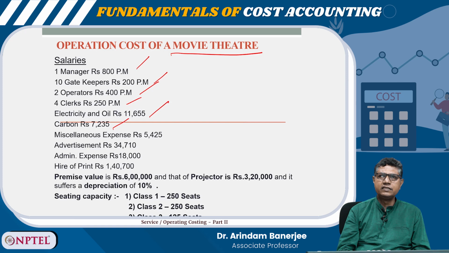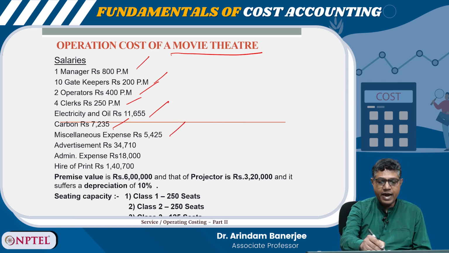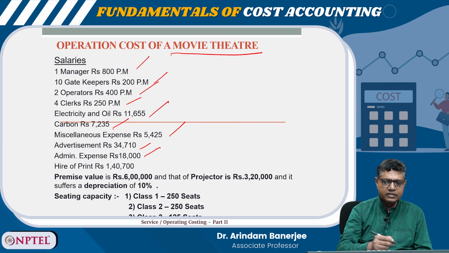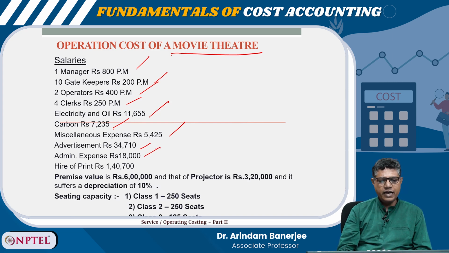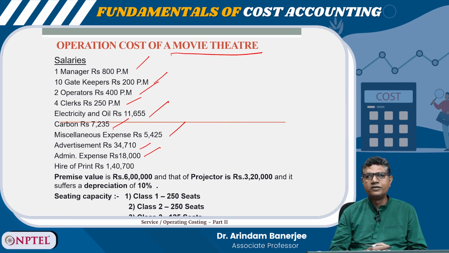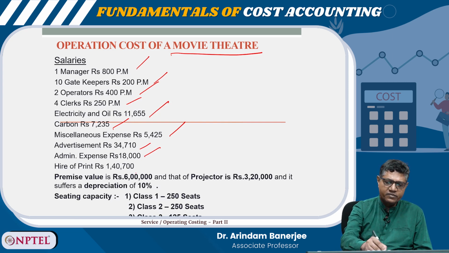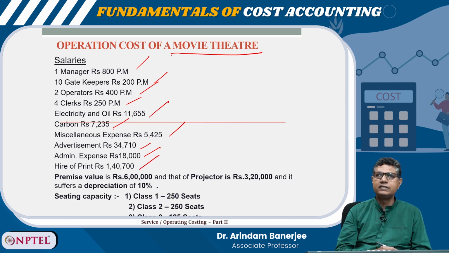There are other miscellaneous expenditures which is 5,425. Then advertisement cost is quite high, that is 34,710. There are other admin expenses around 18,000, and hire of print. Print means for showing the movie, right? For showing the movie, you need an approved version of the movie. For that license, they pay rupees 1,40,700.